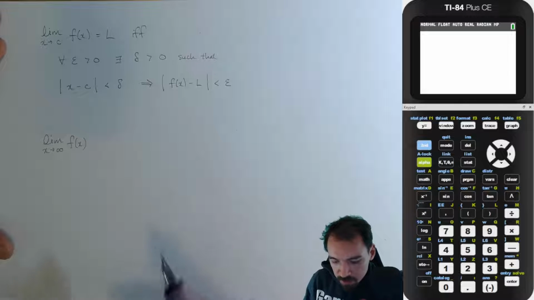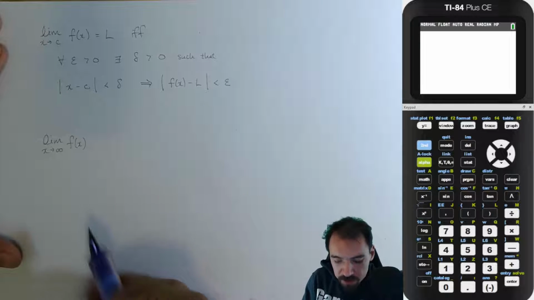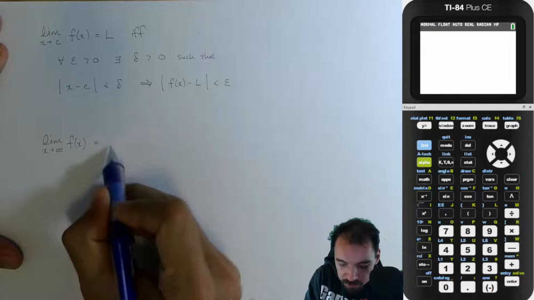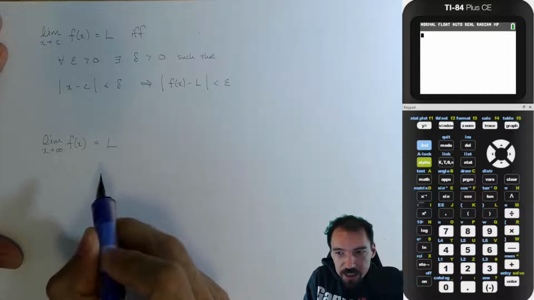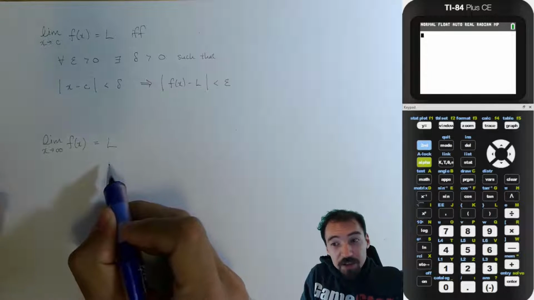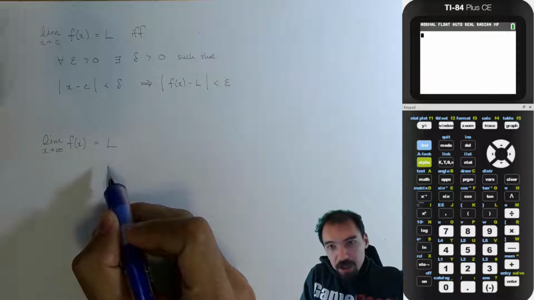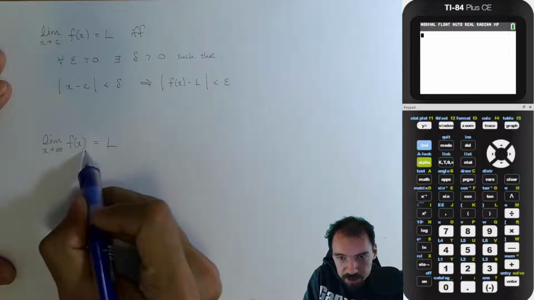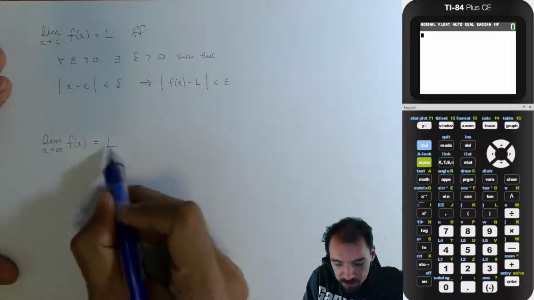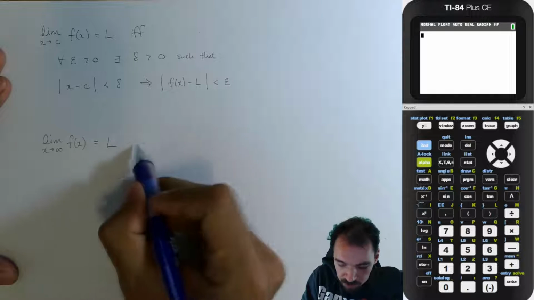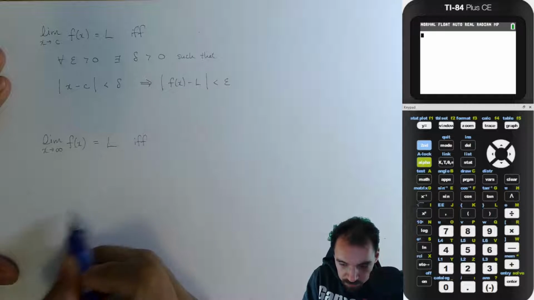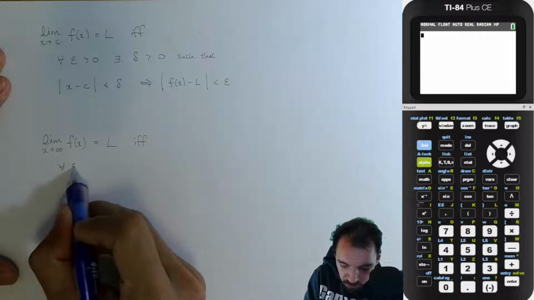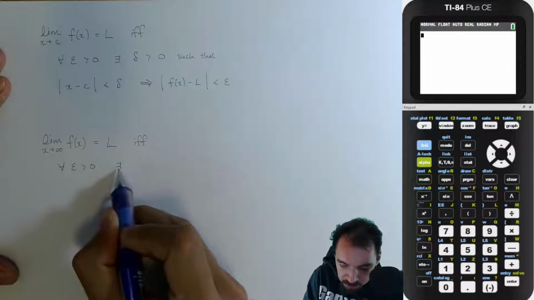So it turns out, in the context of limits, when we write this statement, it has a technical meaning that's conceptually similar to this, but is technically different. And this is how it goes. We say, okay, the limit of f of x as x approaches infinity is equal to a number L. This is our limit. If and only if, okay, so it maintains that for all epsilon greater than 0, there exists.